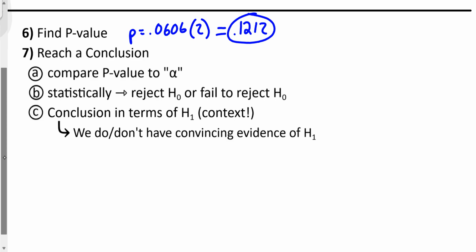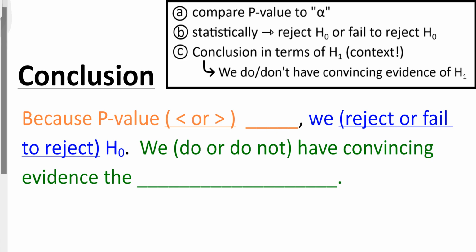So in our conclusion, make note, we want to compare the p-value to alpha. We want to say whether we reject or fail to reject the null, and then what that gives us in context. So I'm going to give you this right here as a reminder of things to have. Basically, we want to say because the p-value is greater than or less than our alpha, we would reject or fail to reject the null.